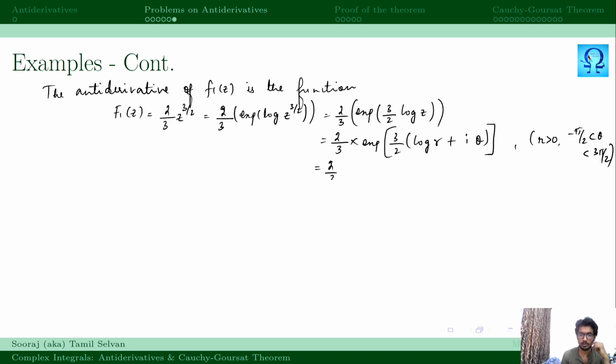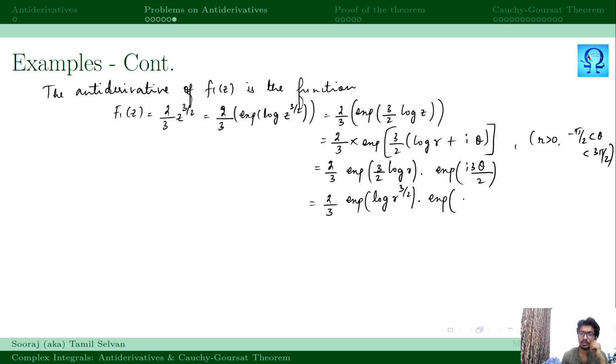Okay, we have this 2 upon 3 here, and this may be written as exponential of 3 upon 2 log r multiplied with exponential of iota times 3 theta upon 2. So this is 2 upon 3, and this shall be taken to the power, and therefore you are going to get exponential of log of r to the power 3 upon 2 multiplied with exponential of 3 iota times theta upon 2.